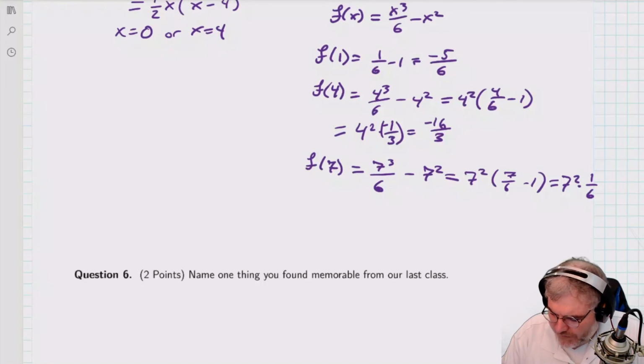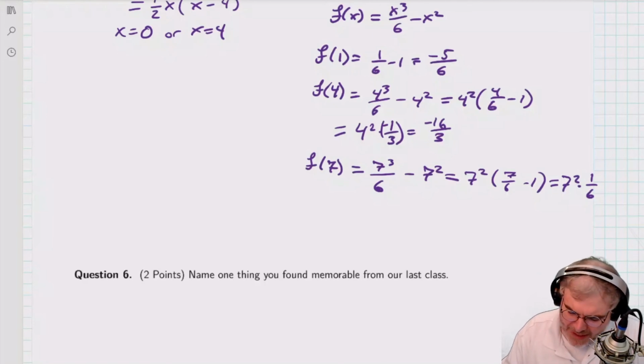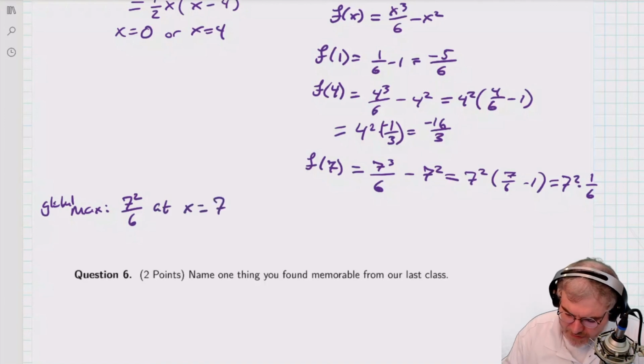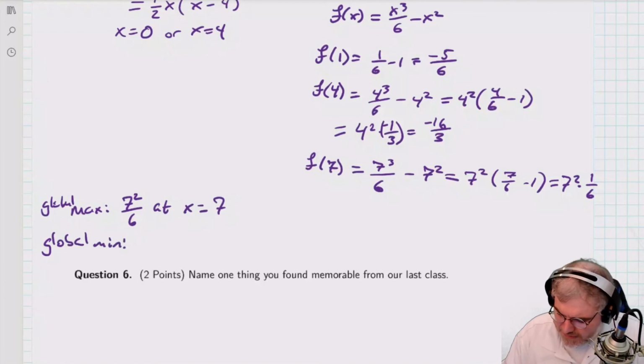All right. So now I'm just going to compare which one of these are bigger. Well, this is the only one that's positive, right? So the global max is 7 squared over 6 at x equals 7. The global min is, okay, so this one is negative 16 over 3. This one's negative 5 over 6.